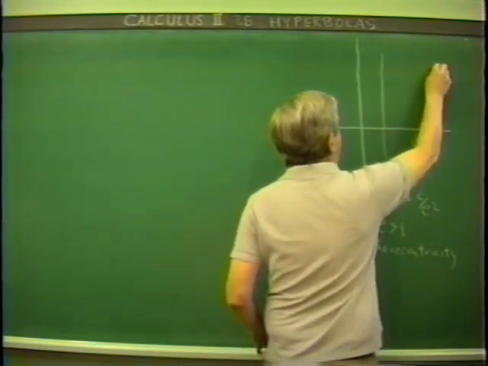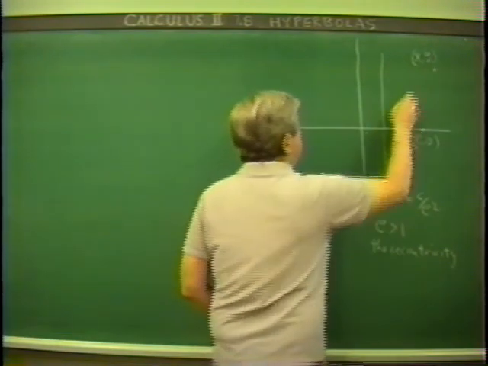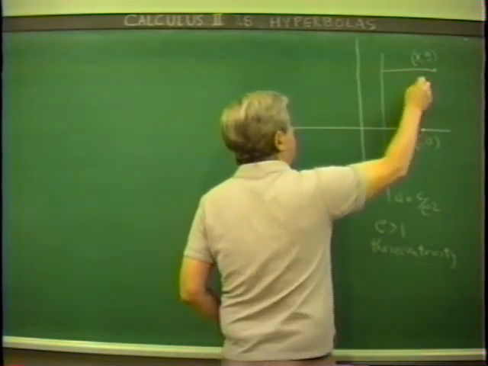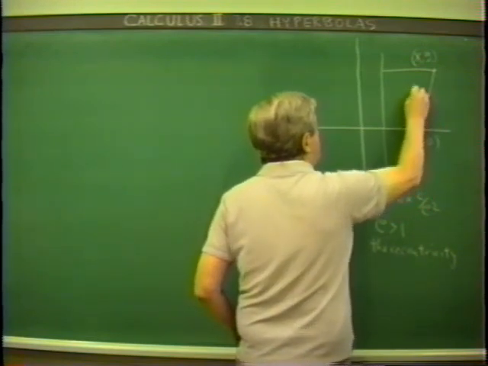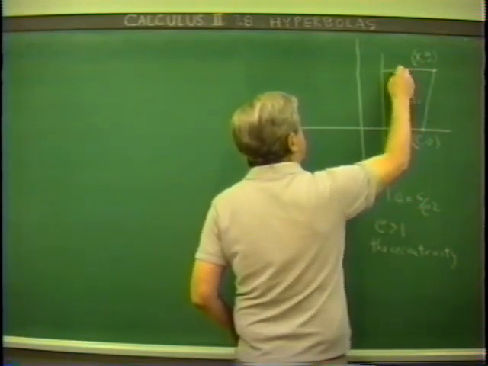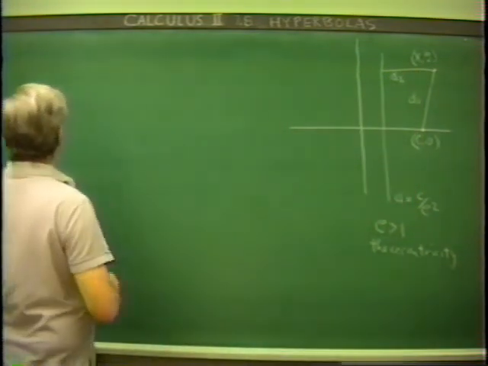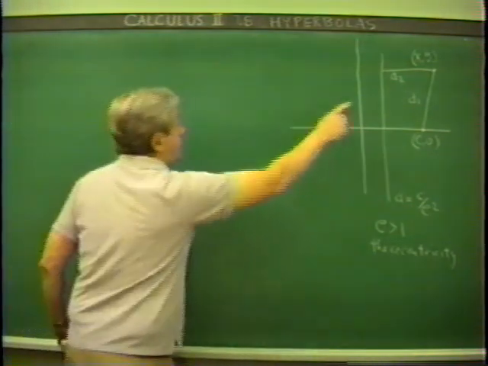Right? And we wish then to consider all points x, y, so that this distance here to the directrix times e is this distance to the focus. We call this d1 and this d2.